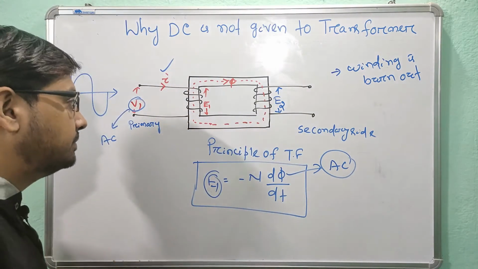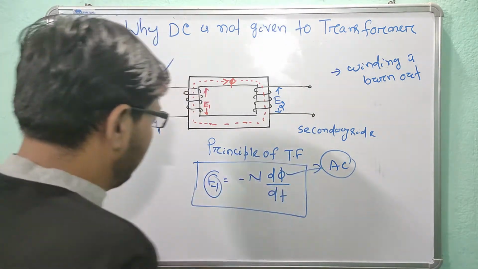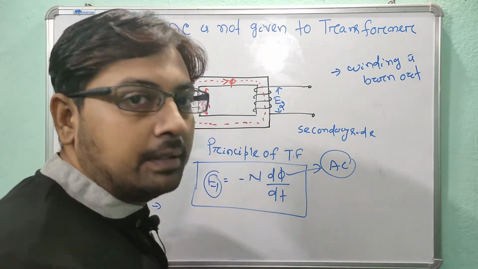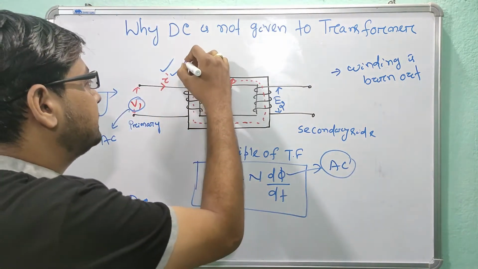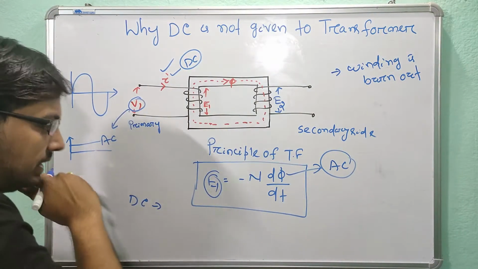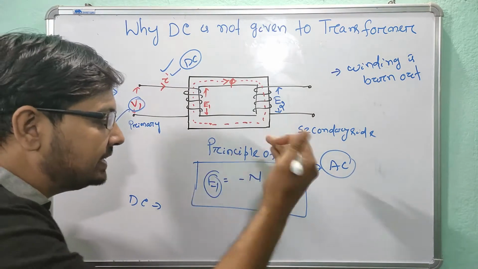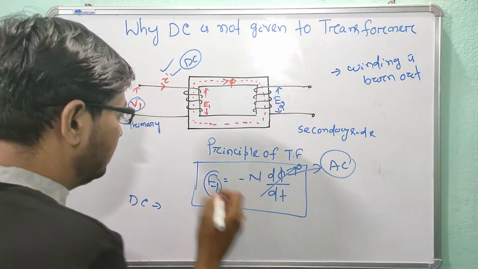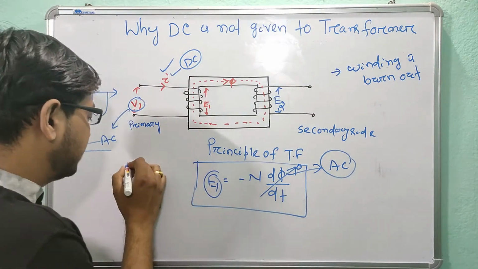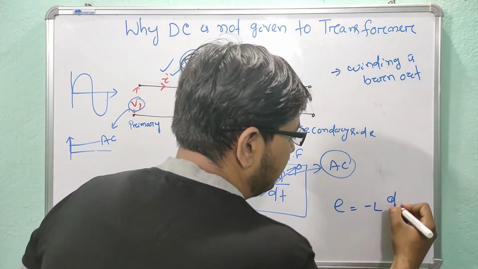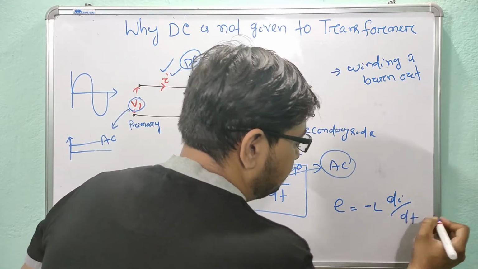If DC is provided, then the nature of the current is DC, that is direct current. It does not change, it is constant. So the rate of change is 0, that is d phi by dt is 0, because I is constant, that is E is equal to minus L di by dt.